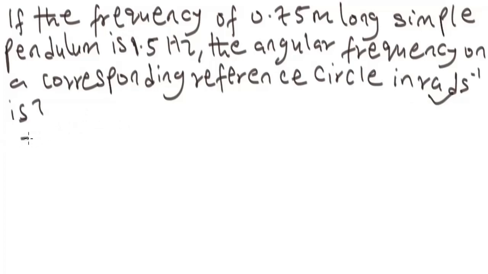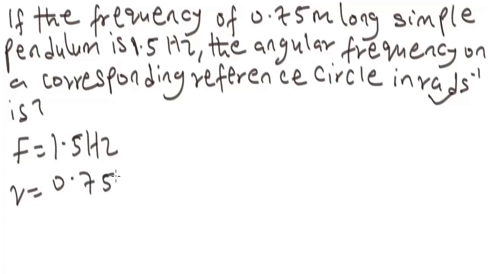Alright, so let's look at the parameters. We have our frequency to be 1.5 Hz. We have our length to be 0.75 meter. Then we are looking for angular frequency. Let's use the frequency formula. Frequency equals w over 2 pi.